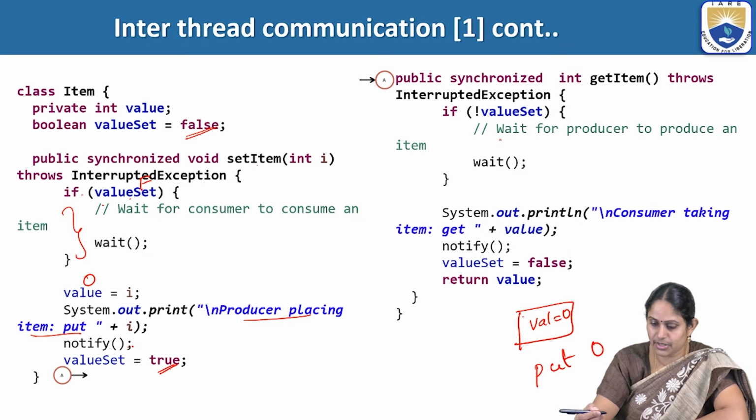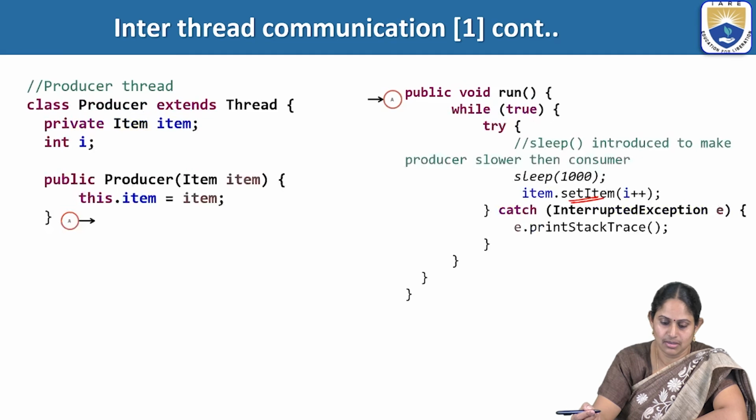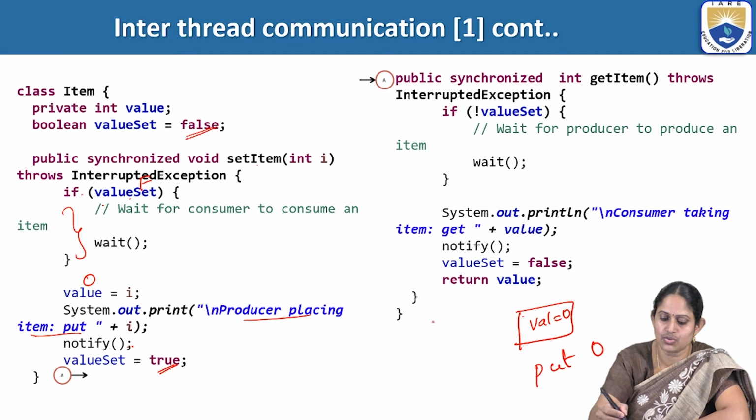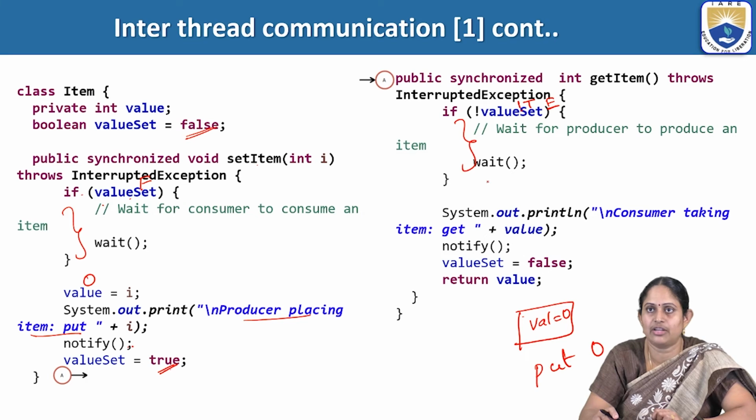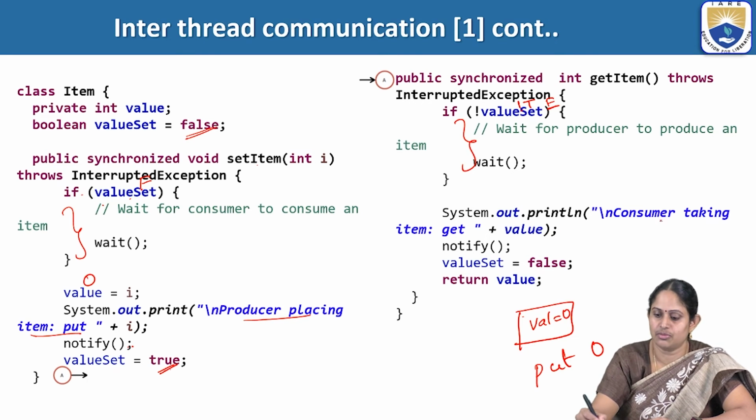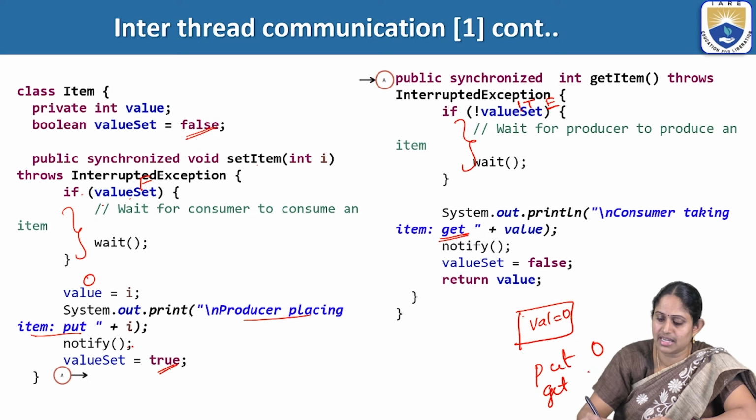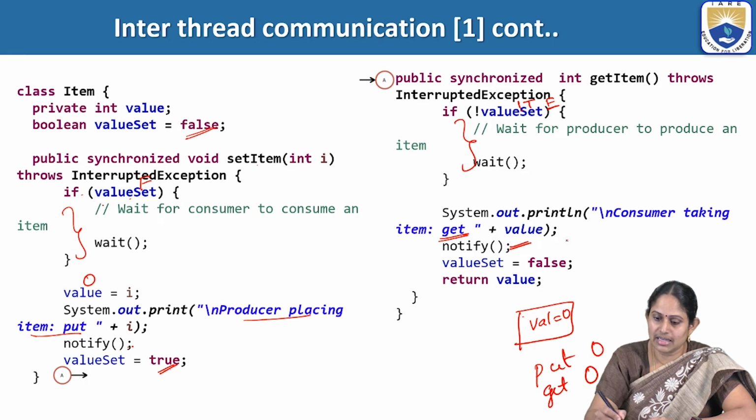The producer had set the value set to true. So this will be true. If not true, it will be false, so this path won't get executed since there is some value inside the buffer. So it has to consume it. It will display the statement get 0, and it will notify the producer. Then it will set the value set to false.